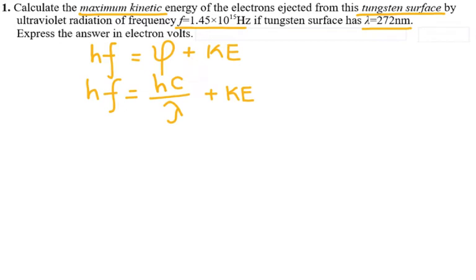Because they ask for electron volts, I have to plug in my Planck's constant in electron volts, which is 4.14 times 10 to the negative 15.